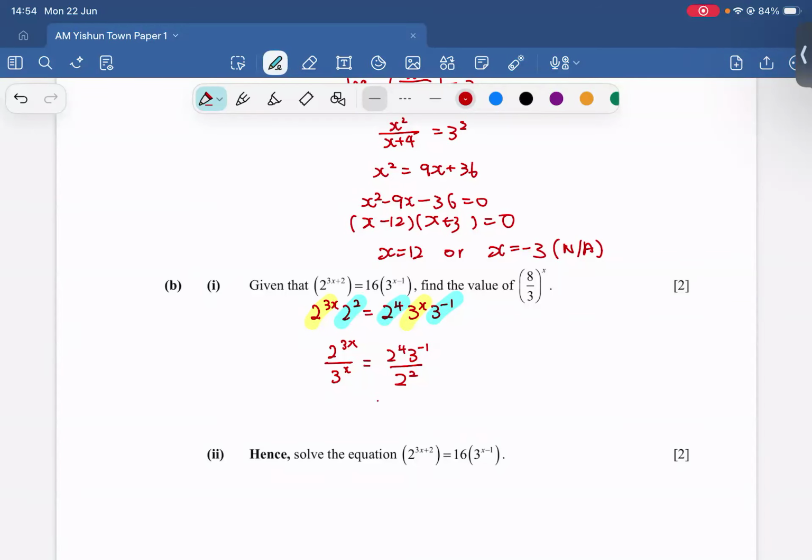You will get 4 over 3. Okay, 2 to the power of 3x is actually 8 power x. So from here, we will straight away get this already. Okay, so that's the idea. You put all the power with x to one side, then all the terms with numbers to the other side. That's how we solve this kind of question.